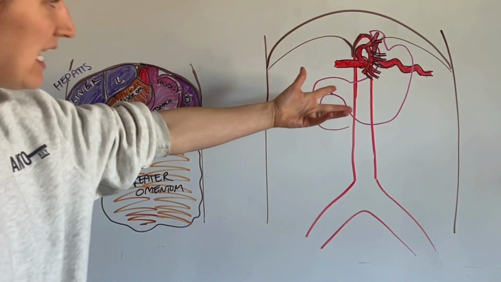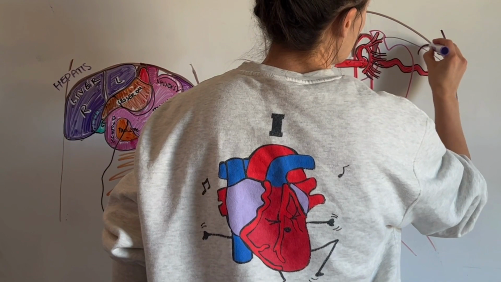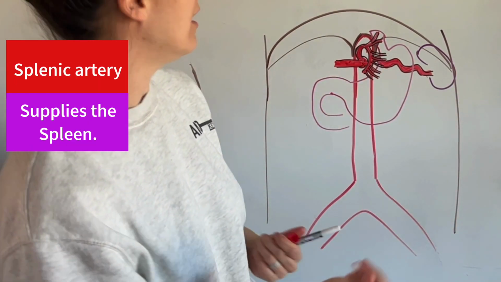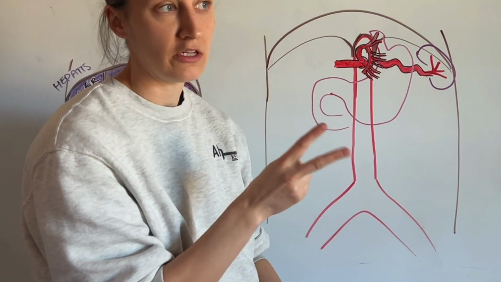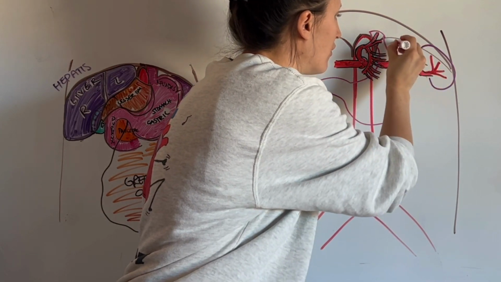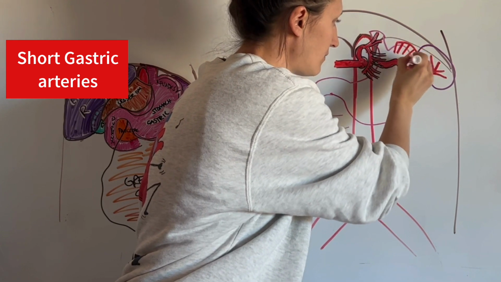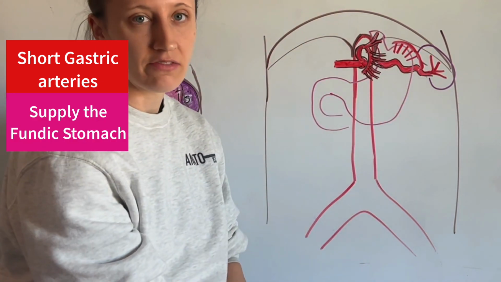So the splenic artery will head towards the spleen, obviously. Otherwise, why would we call it splenic? And it will branch into the spleen and provide it with blood, which is very important. But it will also give off two other important branches that we need to know. So the splenic artery will give off arteries called short gastrics that supply just the fundus of the stomach.